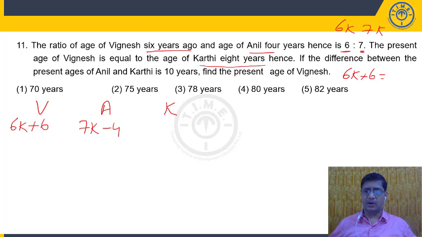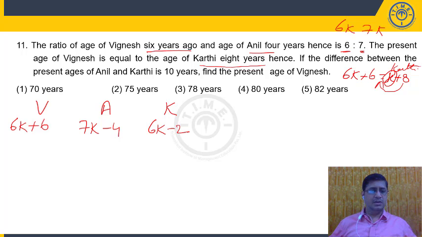If you assume Karthi's present age as X, then X plus 8. So what is X? It is Karthi's age. To find Karthi's present age, take this 8 to the other side, so 6K minus 2. This is the Karthi value.